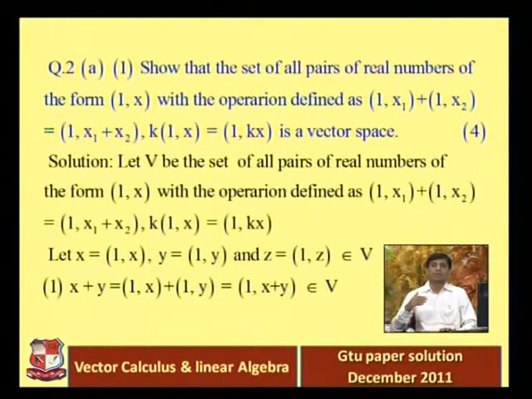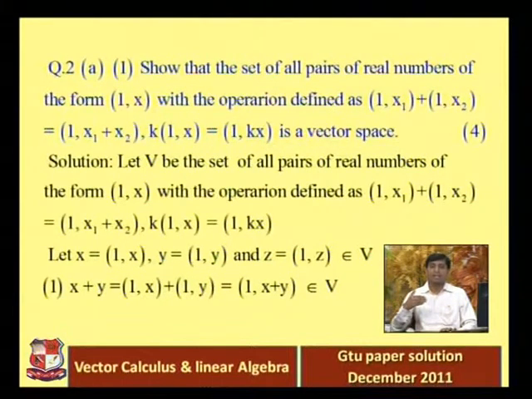The second condition is commutativity: u plus v is equal to v plus u. The third condition is associativity in addition. That means u plus (v plus w) is equal to (u plus v) plus w. The fourth condition is identity. That means for u belonging to V, there exists a zero vector in that vector space, call it theta, such that u plus theta is equal to u, which is equal to theta plus u.